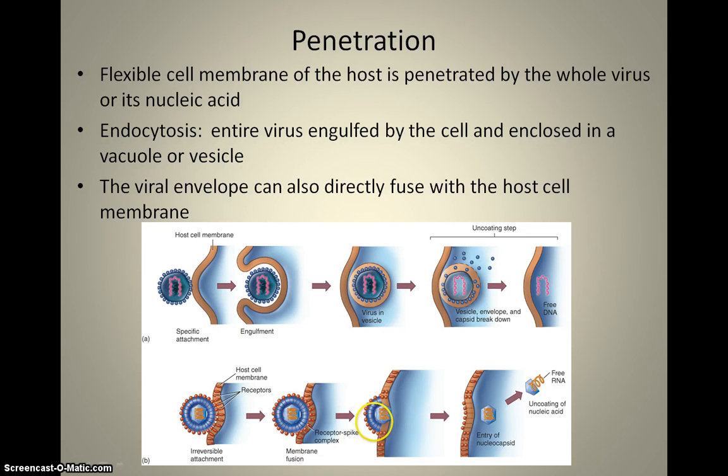So you can see here that the envelope is the blue thing here, and you can see that it starts to just become part of the membrane, which then releases the nucleocapsid directly into the cytoplasm of the cell. So it's not wrapped in a little vesicle when it gets to that point. So there's some advantages or disadvantages to that evolutionary development of an envelope.